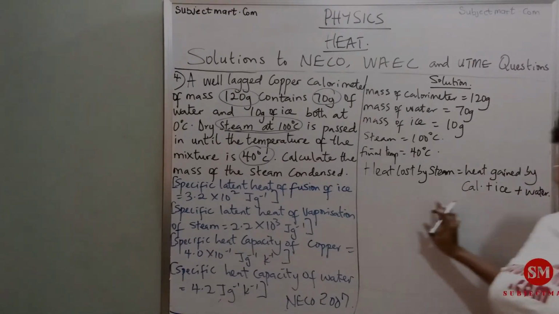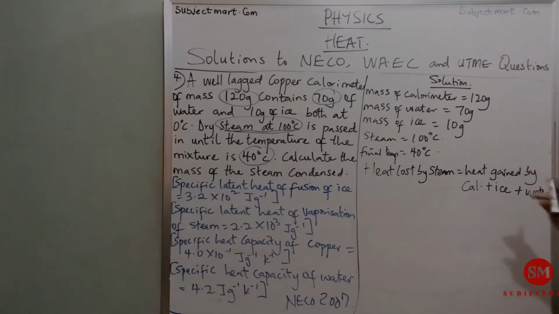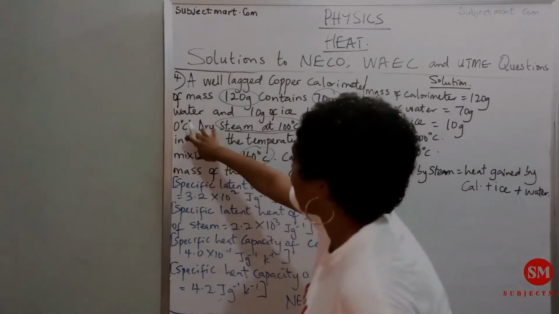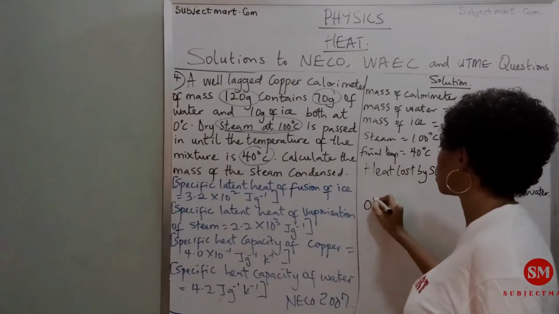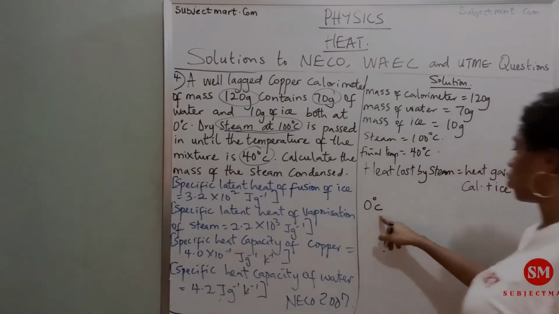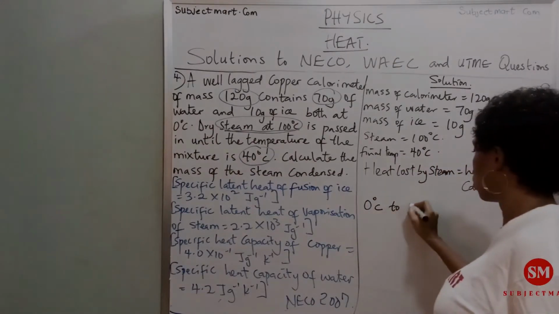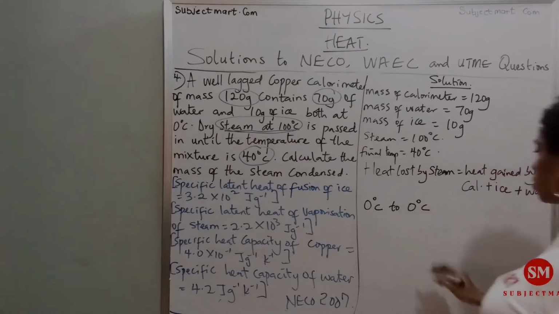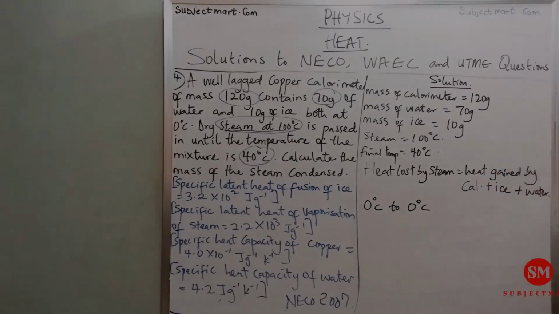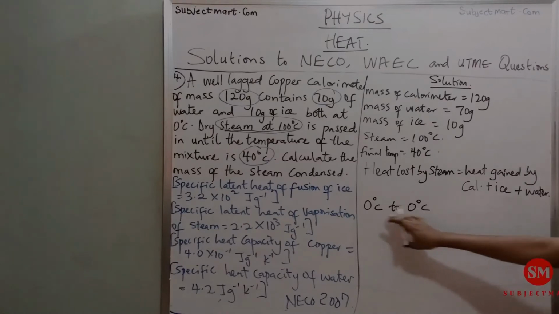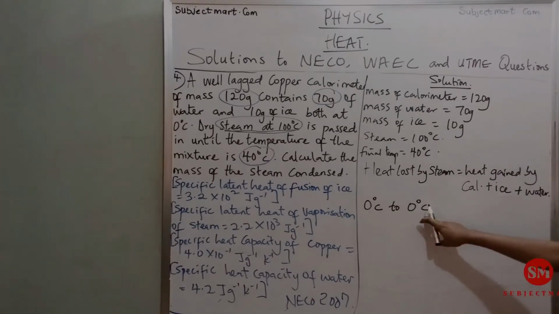So let me analyze the temperatures. Ice at 0 degrees C will melt. Ice will melt from 0 degrees C to 0 degrees C. So we have our latent heat of fusion there.